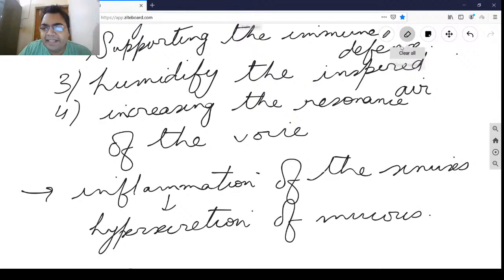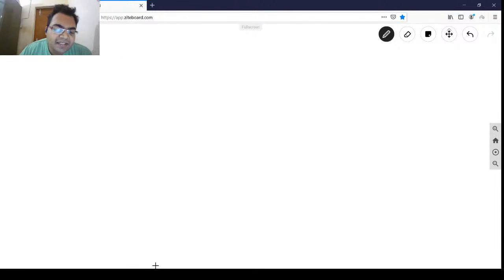Now, taking this into consideration, let's switch to our next topic. The next topic is the function of the nasal mucosa. The mucosa of the nasal cavity prepares the inhaled air for arrival at the lower respiratory system.